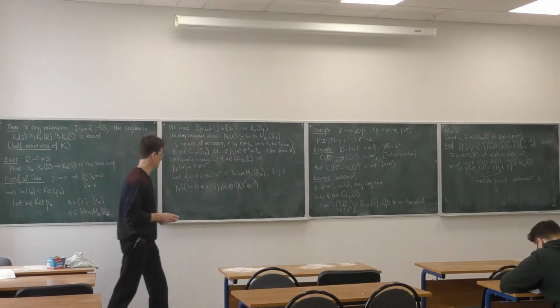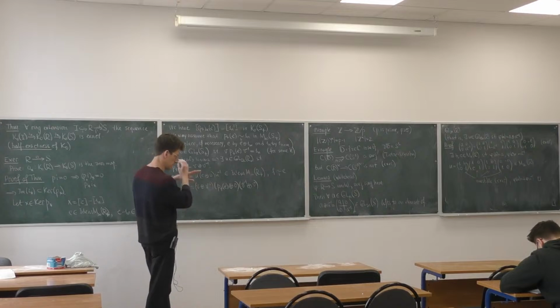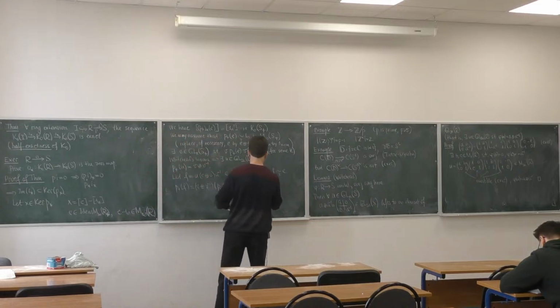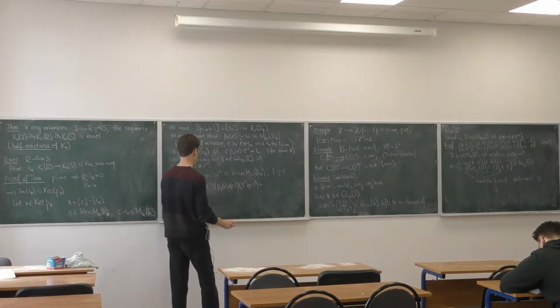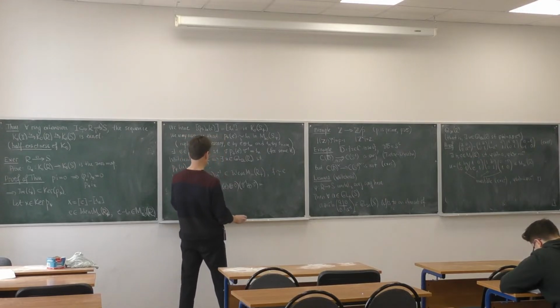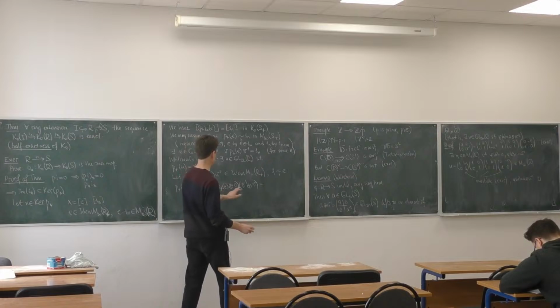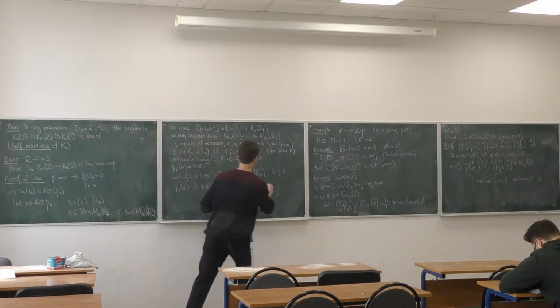So we have three block matrices. We multiply them. Of course, it suffices to multiply the blocks separately. And what we get is, so we multiply this, this, and this, and we get 1n.